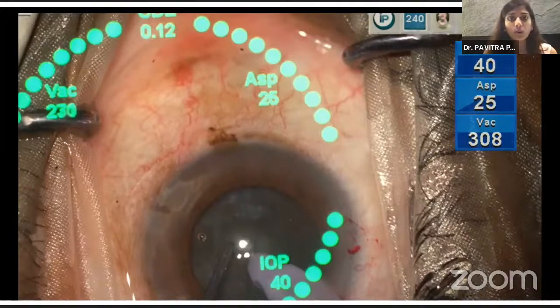Video is not moving. Is it moving now? No. Dr. Anand, can her video be shown from our end? Yeah, no problem. You stop sharing your screen, Pavitra.